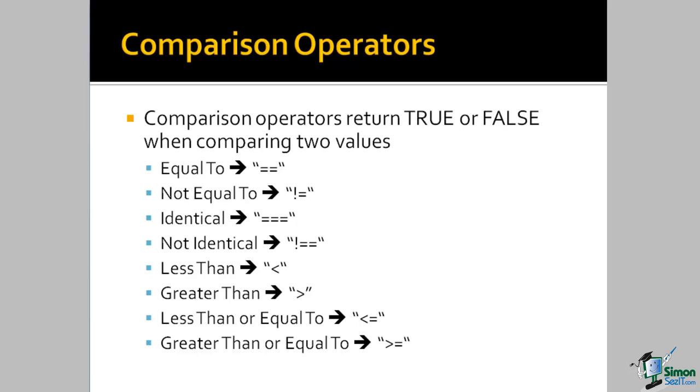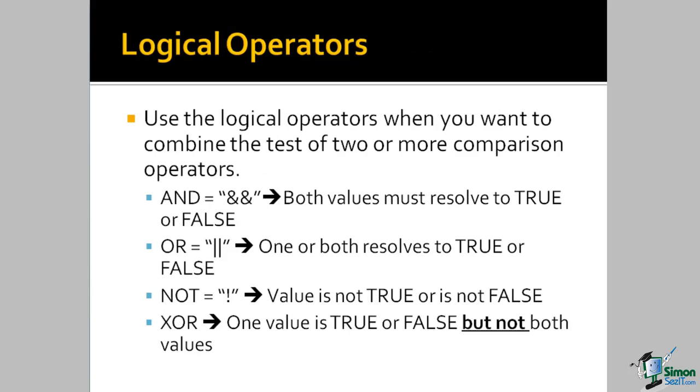And the other operators should be familiar to everyone: less than, greater than, less than or equal to. What's important to note here is that any of these operators, even the negative operators, the not equal to and the not identical, can be negated because we have a not operator. The bang, the exclamation point, is the not operator.